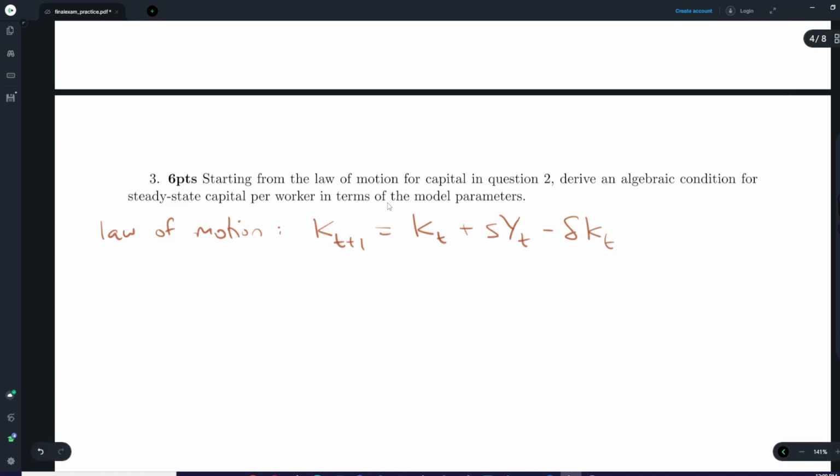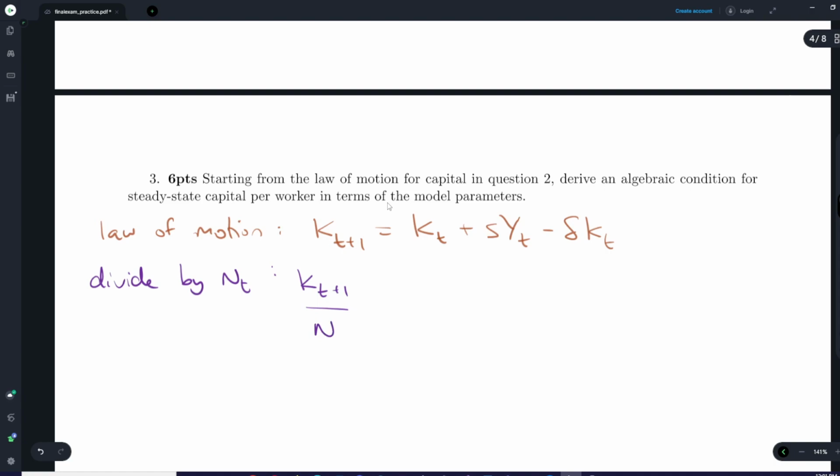I'm going to start off by dividing by N_t, because I know the steady state here is in terms of capital per worker, right? The question says capital per worker, so I want to get this towards capital per worker.